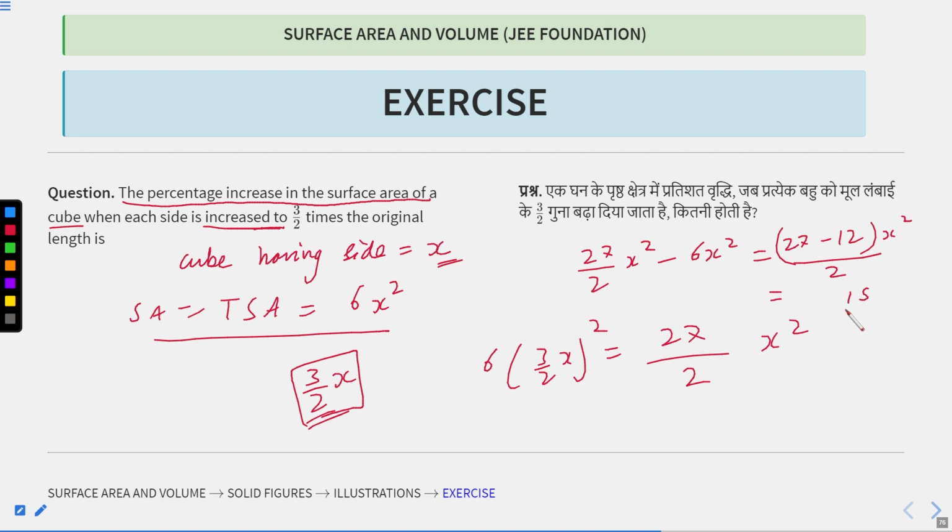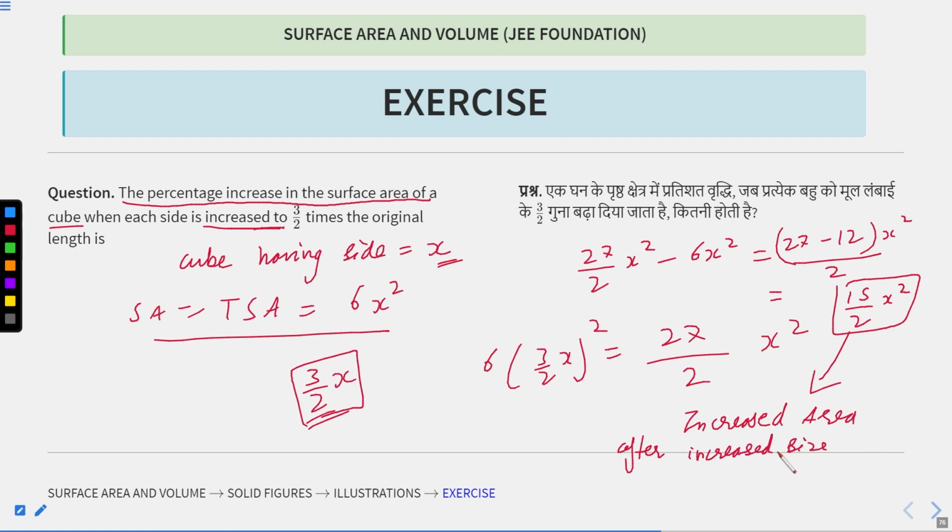So 15 by 2 x square. So this much area is increased after increasing the size. Okay, now we know this much area is increased.